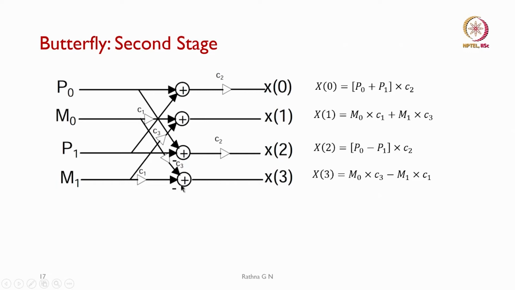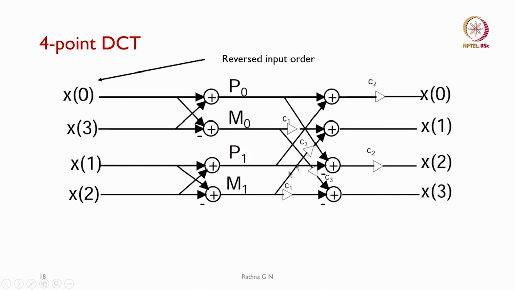So, we will be getting X of 3 as the output. This is how we can write our butterfly structure. So, the final thing we have, the 4-point DCT, is given by this complete butterfly structure. Actually the inputs are going to be small x0, x3, x1 and then x2.